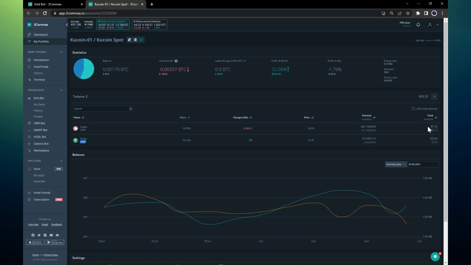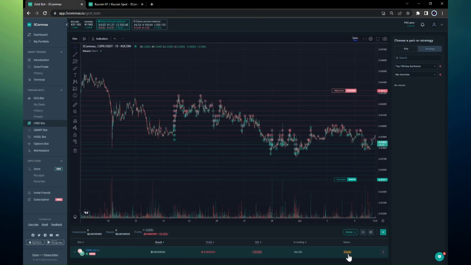So in fact, I have $31 worth of CSPR orders, and I have $24 worth of USDT orders. And I think these amounts are kind of free, not used. So I do not understand this funds warning, and I will contact 3commas now to ask them about this. I would also very much like to understand their reasoning for displaying a negative ROI.